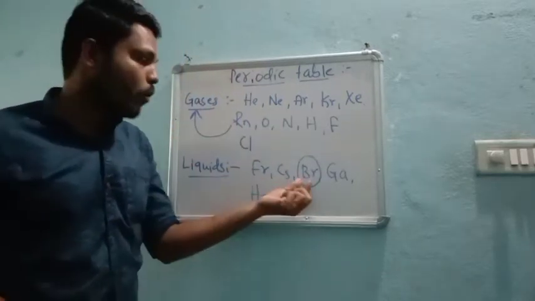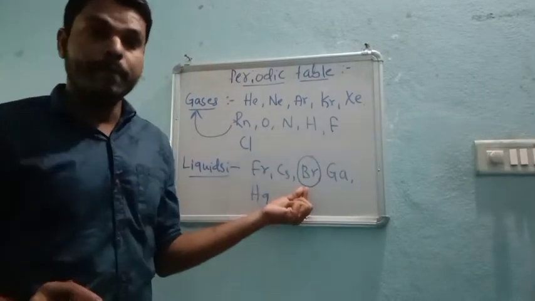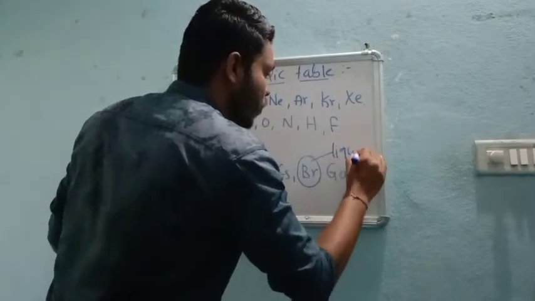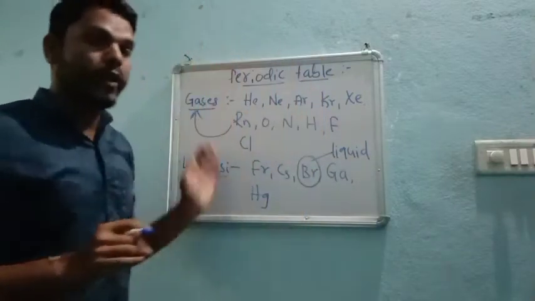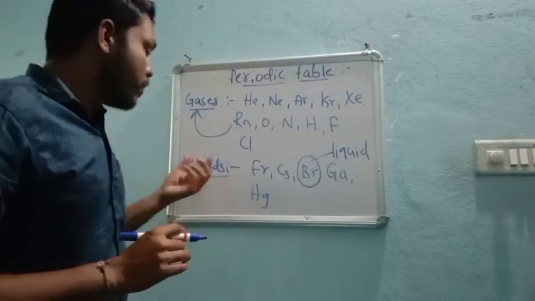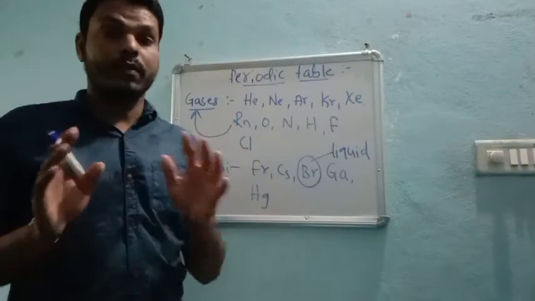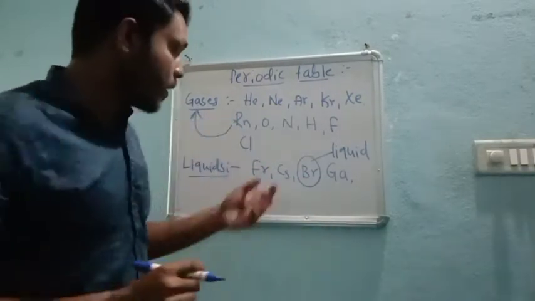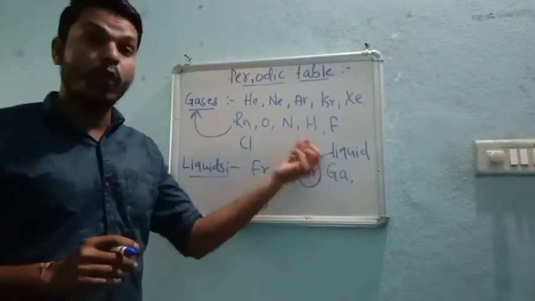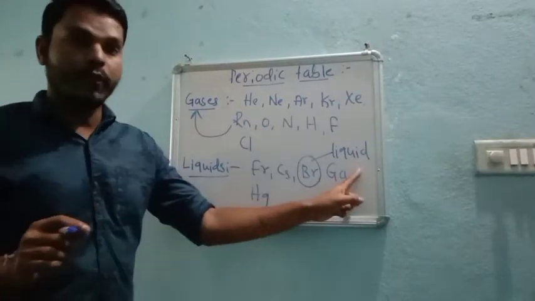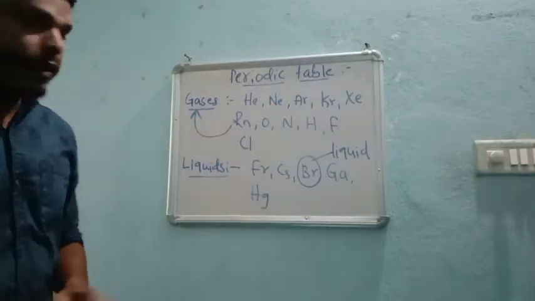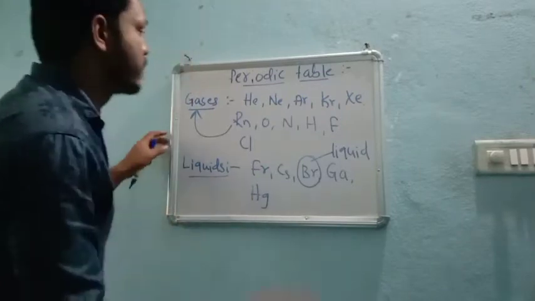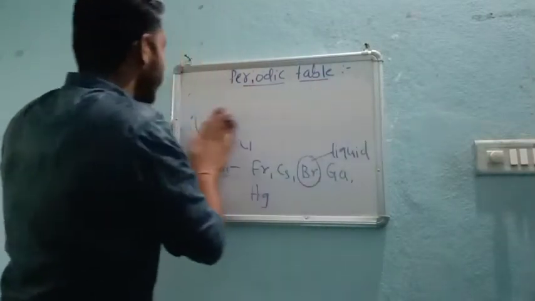First of all, bromine is a liquid. In general, we say all the metals are solids, but not in the case of mercury. Mercury is a lonely metal which is liquid, and except these elements, all the rest are solids in the periodic table.